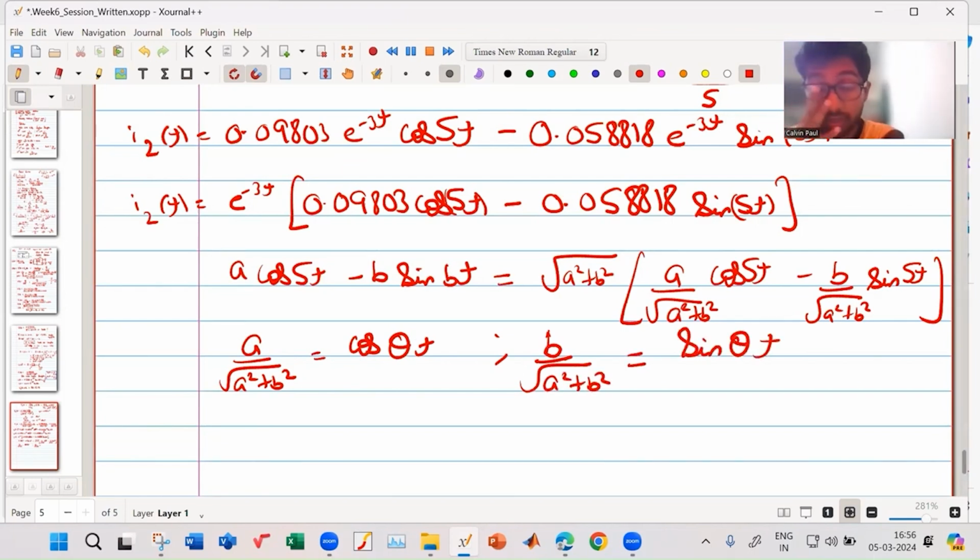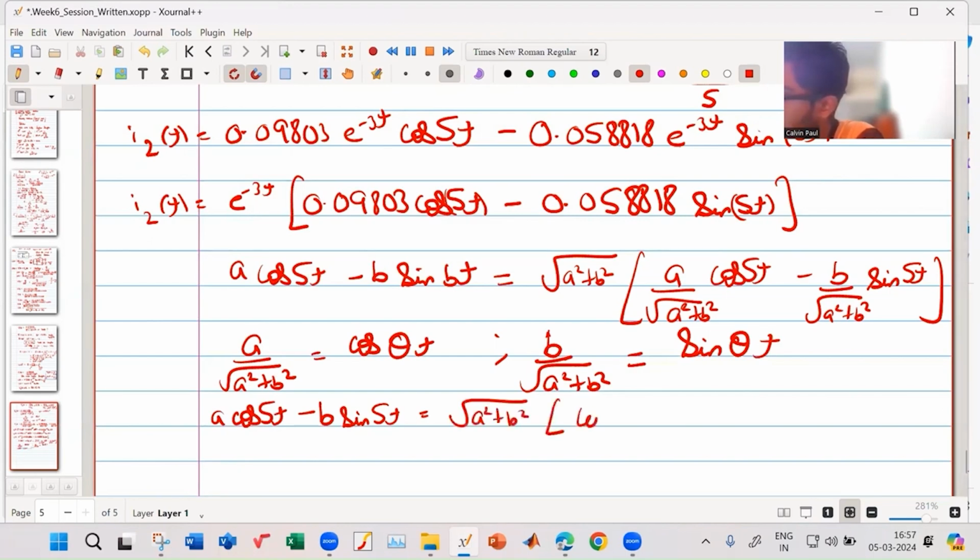Okay, so we get it to be of this form: a cos phi t minus b sine phi t is equal to square root of a square plus b square into cos theta into cos phi t minus sine theta into sine phi t.